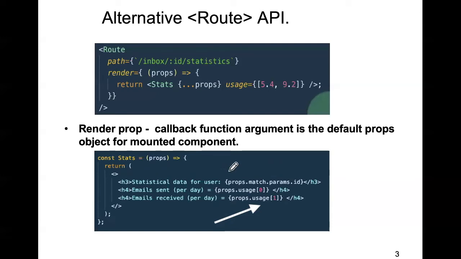So the overriding point anyway is if you want to pass some custom props into a component that's part of a route entry, then you should use this form of the route entry as opposed to the one that we've been using up to now. And I do that in the labs as well, where an occasion arises where I can use it.